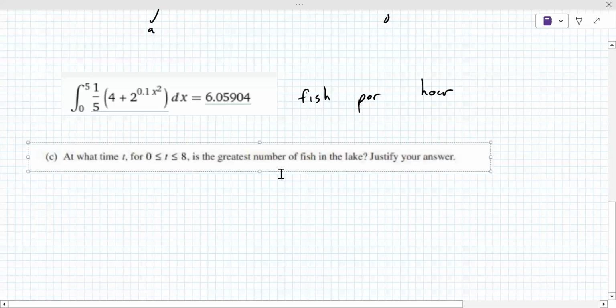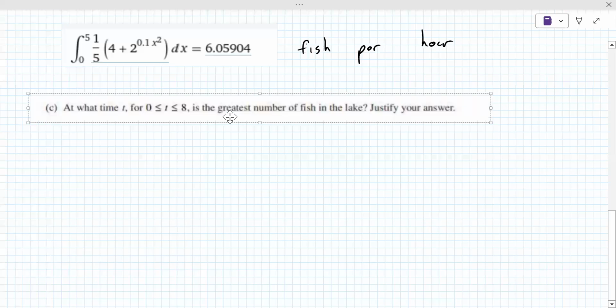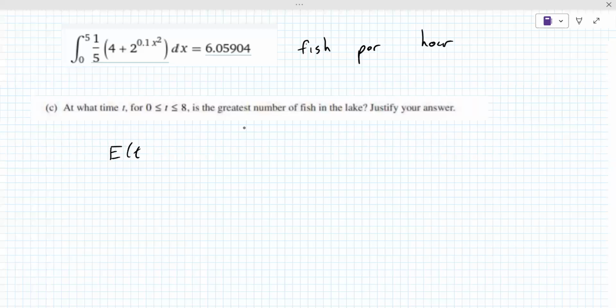At what time from 0 to 8 is the greatest number of fish in the lake? All right. So we're not given the number of fish. We're given the derivatives of how many enter and how many leave.